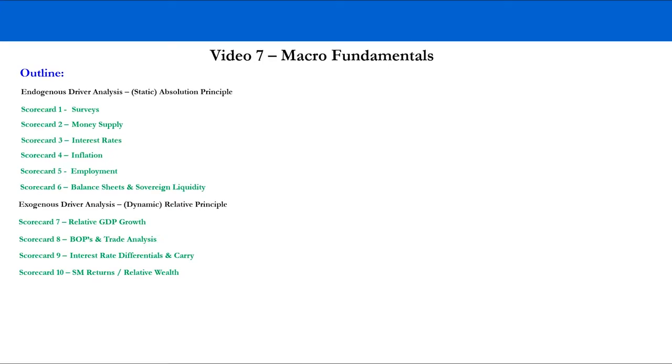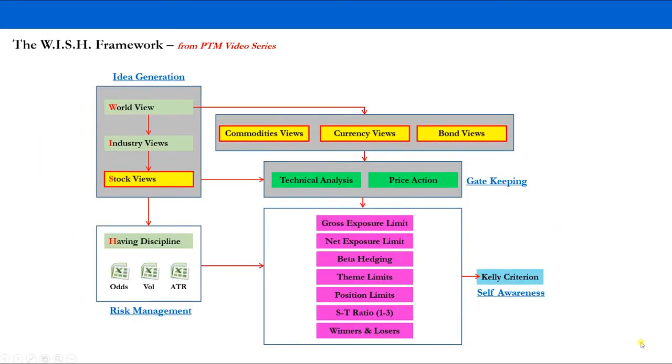So let's kick off with our micro fundamentals, and we have to do first a little bit of groundwork. For viewers who have already seen the professional trading masterclass video series, so the PTM video series, which is available in the education section of the website, for viewers that have seen this already, you will understand that we use a systematic process across all asset classes.